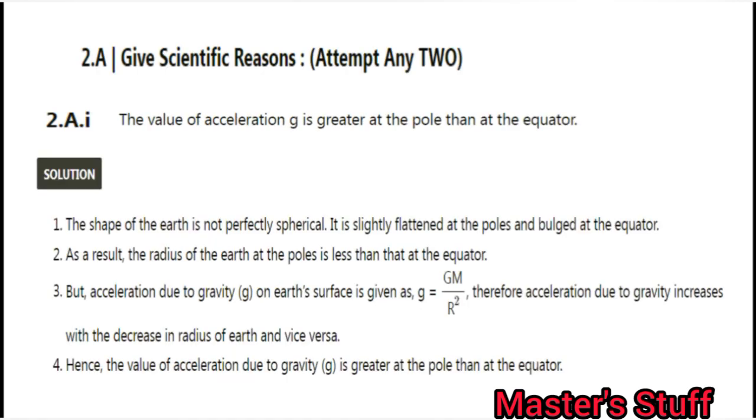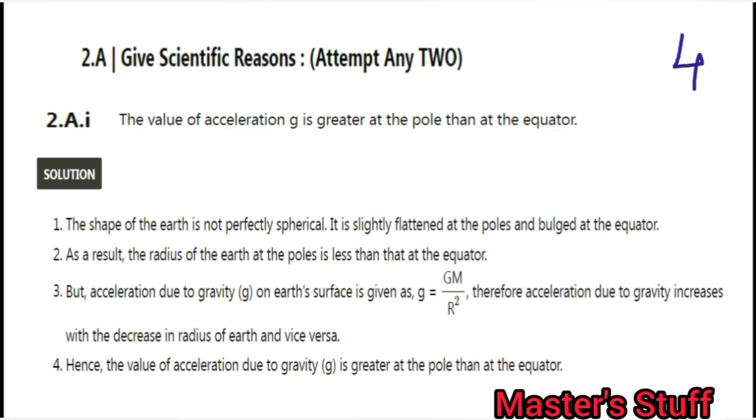Question 2A, give scientific reasons. Attempt any 2 and each carries 2 marks, meaning total marks are 4. First reason: the value of acceleration g is greater at the pole than at the equator.